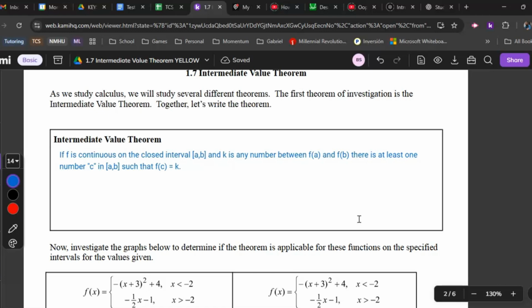Since Amelia didn't understand, we're going to use her as our guinea pig. Amelia, how tall are you? 170 centimeters.